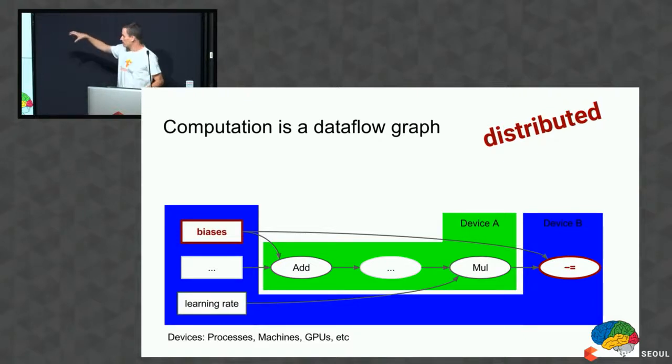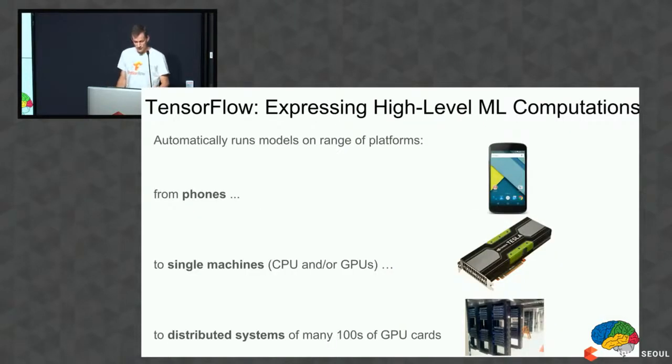The system accepts hints about where to place computation, but it also automatically places computation based on what it observes in the graph. We built this so that it can move from running inference models, small models on the phone, to single machine training, and then doing large-scale training in data centers or deployment. And you want to be able to take the same description of your model and use that in all these different places.